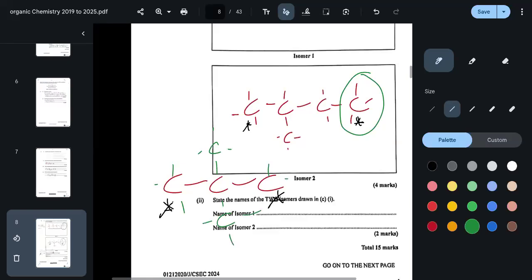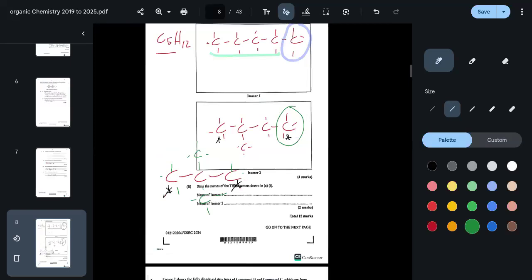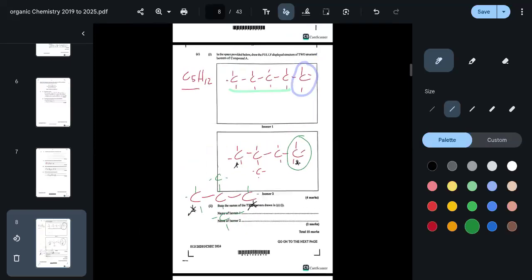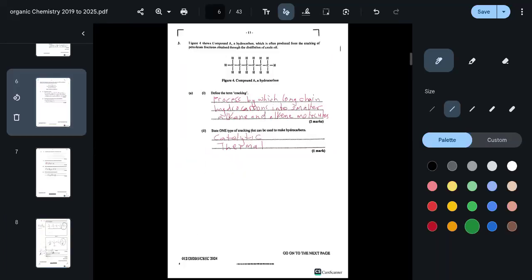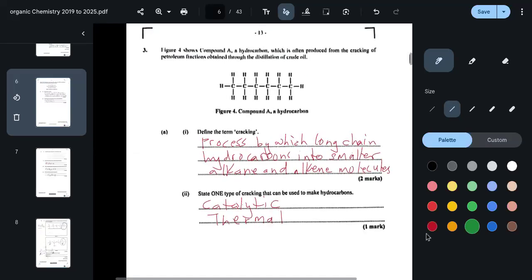All right. So this is C5H12, but they are asking you for C6H14. Remember now, they already gave you the straight chain here. So just think of this as the first isomer. So draw 2 more. Because they drew the straight chain already, you can't draw it again.